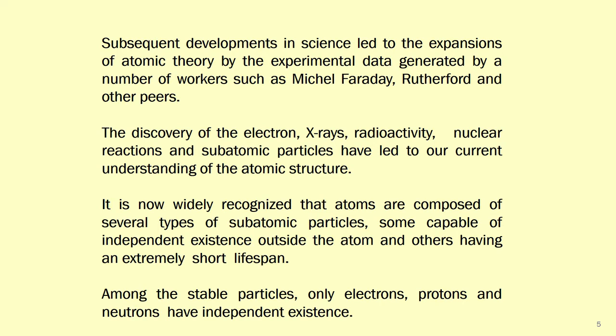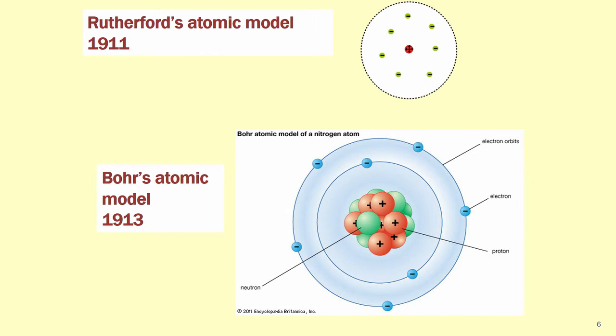Okay. All atoms are composed of electrons, protons and neutrons, and they have independent existence. This every schoolboy knows. This is the result of the work of several scientists undertaken somewhere around the 1800s and thereafter. Then came Rutherford's model, somewhere around 1911.